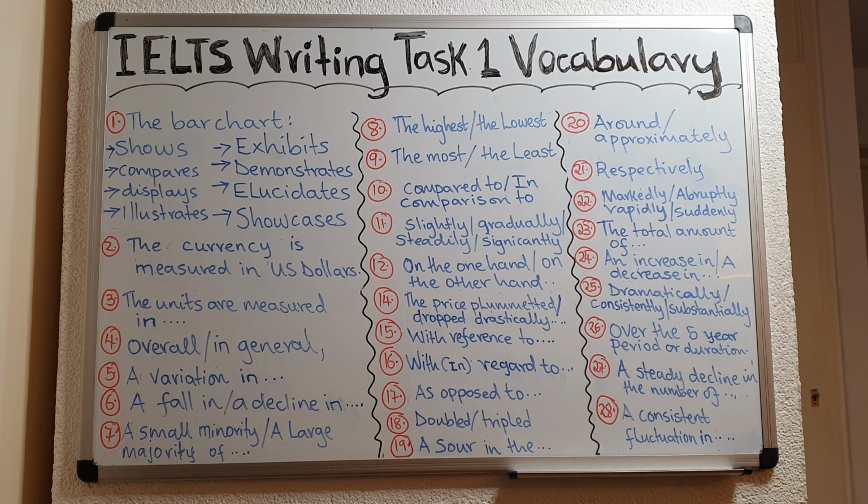For example, if you bought a car and it cost you $3,000, and then your auntie bought the same car 2 years after and it cost 1,000 US dollars, then you can say there is a decline in the price of the car.